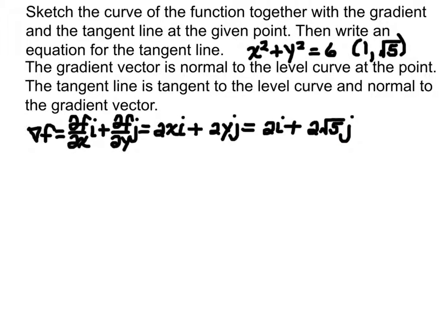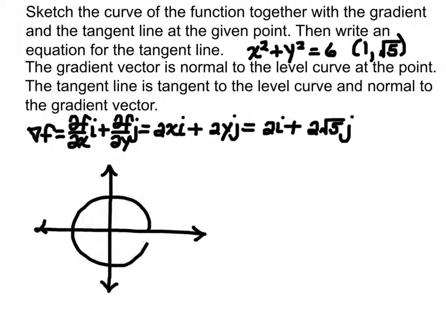Now let's graph the circle that we have here, our curve. So here's the y-axis and our x-axis and our circle. And the circle has a radius which is equal to the square root of 6.